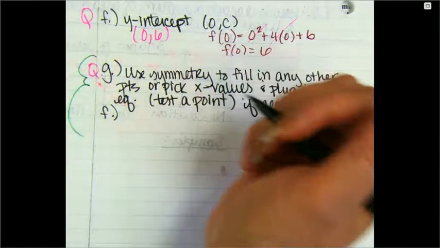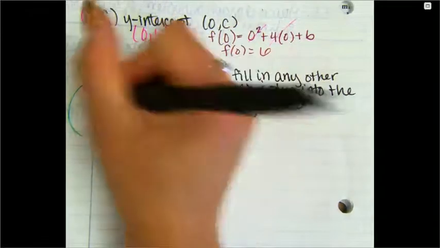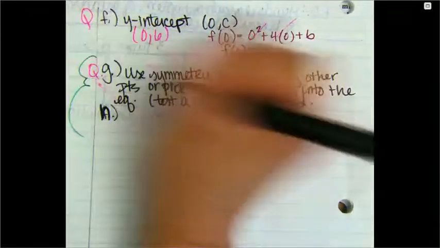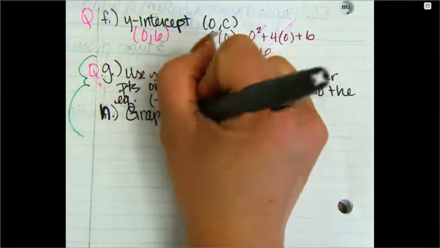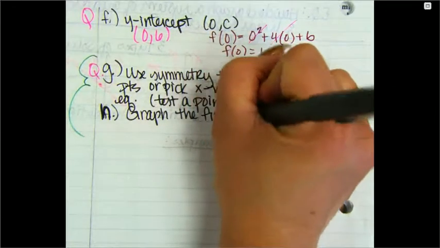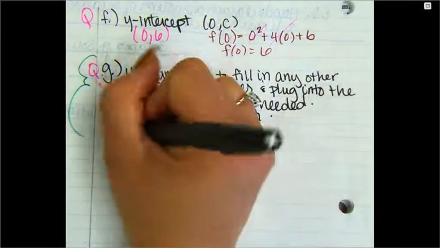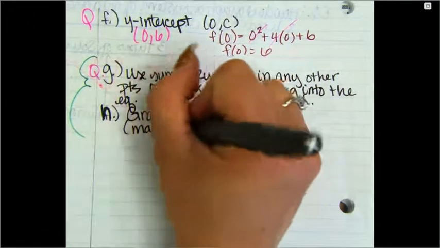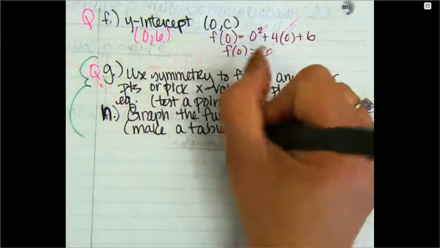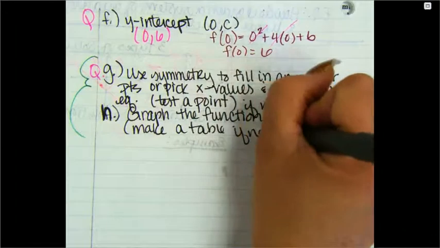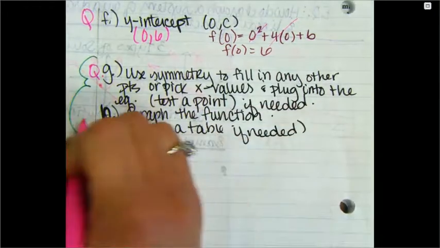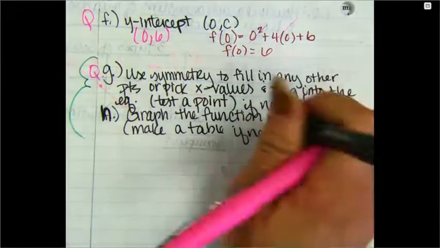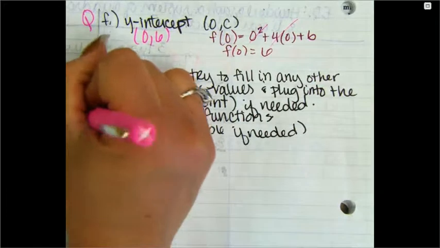Okay? Letter H, graph the function. In parentheses, it needs to say make a table if needed. Now, I'm going to tell you, when we graph the function, it's both the quadratic and the linear.